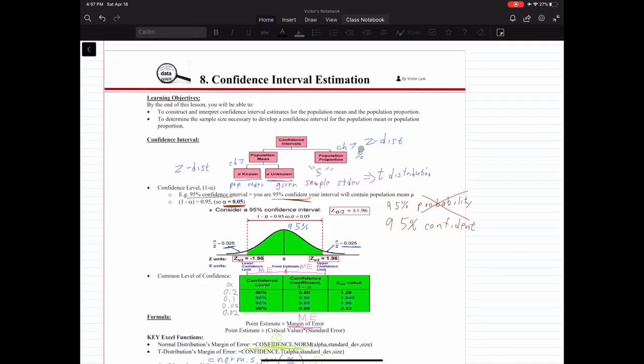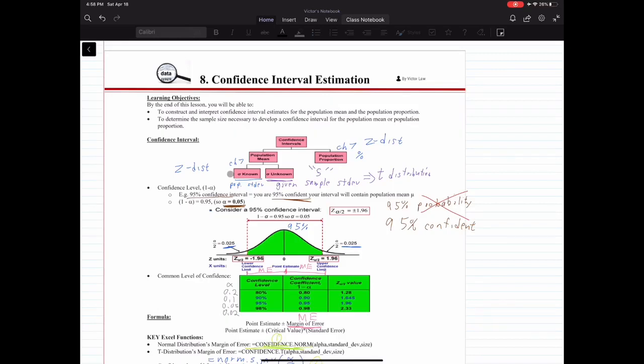So when we are given percentage, then we know that this is population proportions. And in these two situations, we're dealing with Z distribution. So we're dealing with normal distribution, Z distributions. So those are the two situations that we talked about in chapter 7.